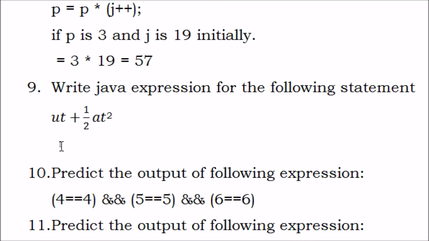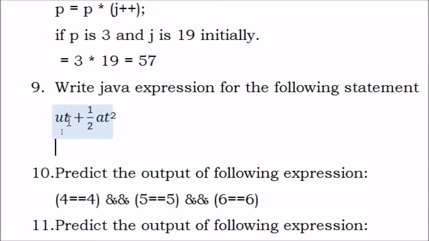You cannot write 1 by 2 like this in Java. You cannot write ut like this. The meaning of ut here is u multiplied by t. So you have to write it in Java like this: u multiplied by t, the plus sign.